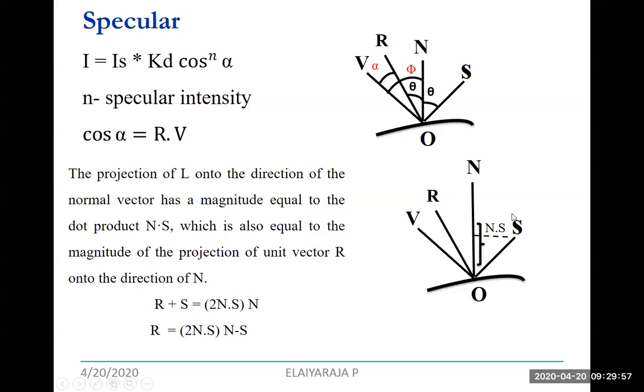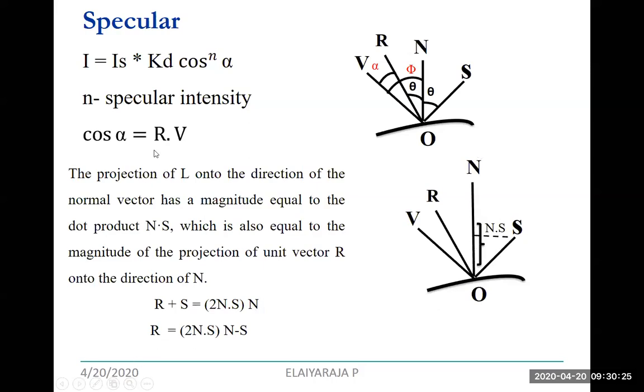So here the reflection vector r plus the light source value is equal to n into s, the theta, and the normal vector mirroring also gives one more value. So you can write 2 n into s multiplied with the normal vector.